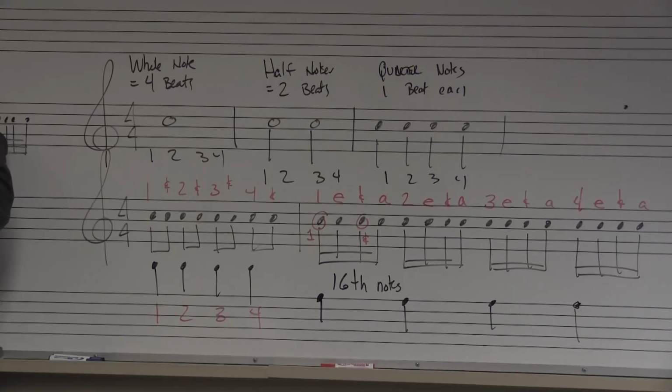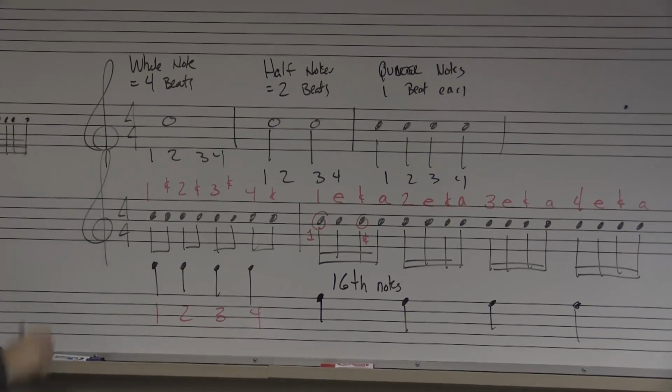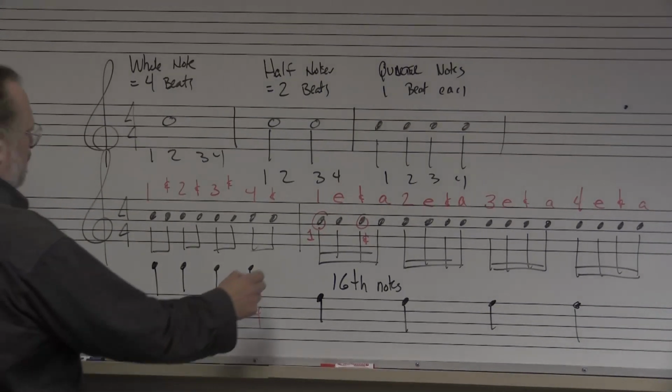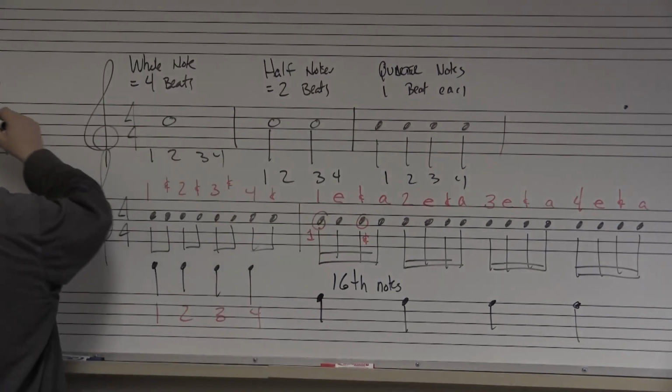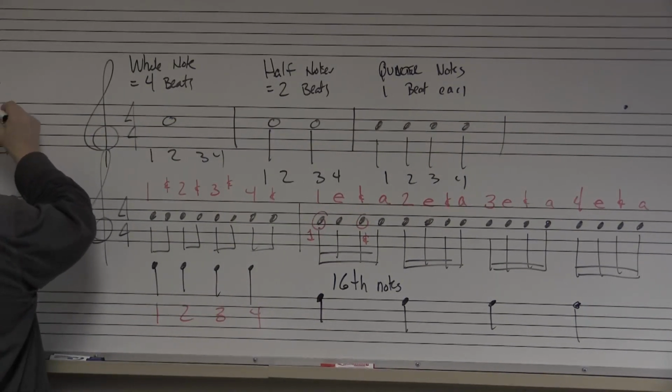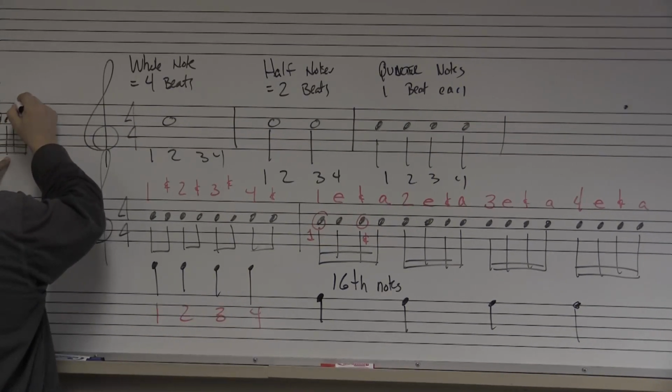These are 32nd notes. These are 2 per 16th note, okay. So one, and then that would be this one here, right? And then this one here would be right there. That'd be E. That'd be and.